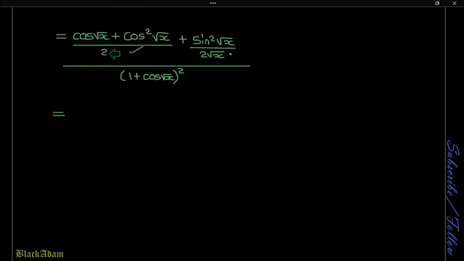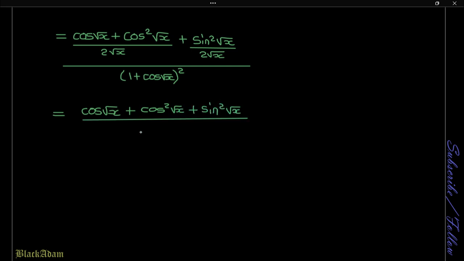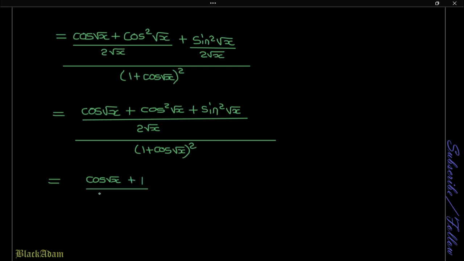The denominator is the same, so we add the numerators, giving cos root x plus cos squared root x plus sine squared root x, all over 2 root x, divided by 1 plus cos root x squared. Remember, cos squared plus sine squared is 1, so we have cos root x plus 1 over 2 root x divided by 1 plus cos root x squared.